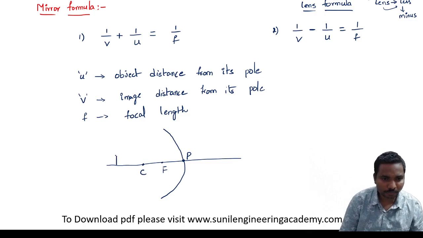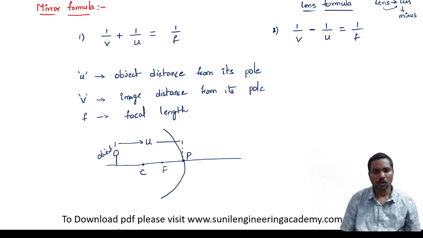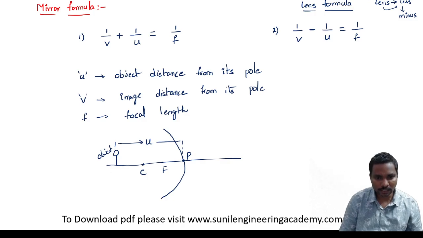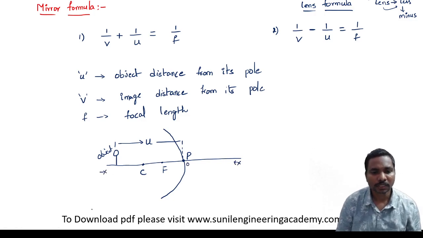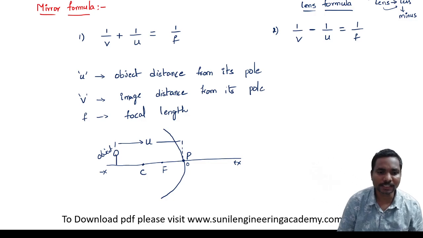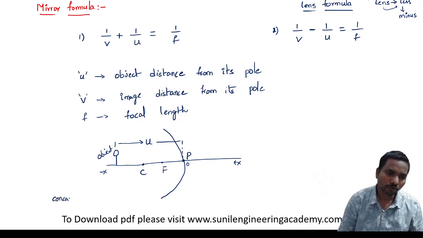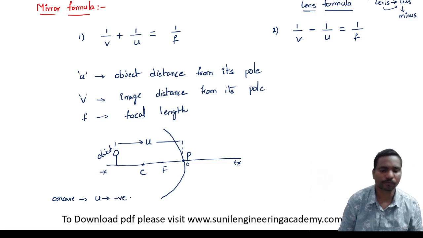If you place the object here, from this place to this place is what we call U. If you consider the pole as the origin, this is the positive x-axis and this is the negative x-axis. Generally you place the object on the negative x-axis, so for a concave mirror U is always negative.